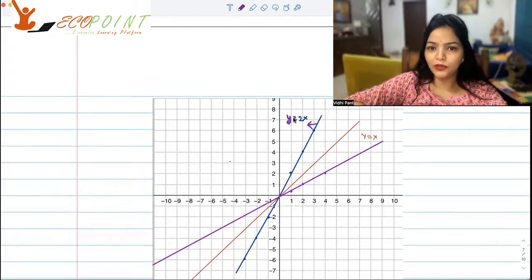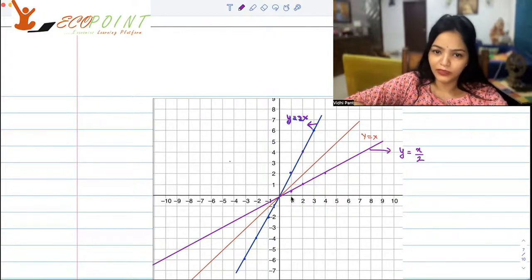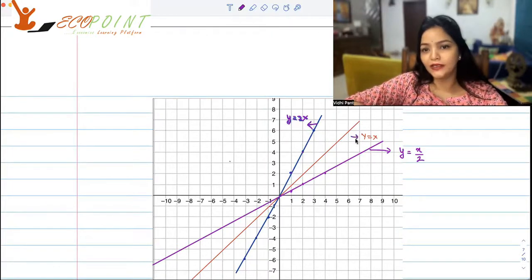So this is the graph of y equals 2x. In blue, that you can see, is the graph of y equals 2x, because easily you can see that at 0 it's 0. At 1 you get the value 2, then at 2 you get the value 4, and so on. Similarly, in purple you can see y equals x by 2. When x is 1, y is half, and so on. And in red, you can see it's the graph of y equals x.